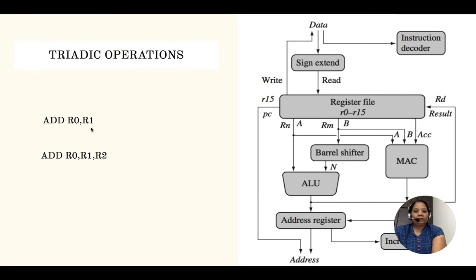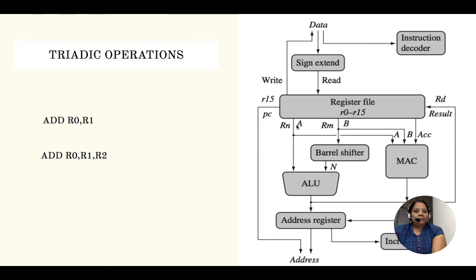This is a normal execution. But in ARM7, we have triadic operations, which means we can make use of 3 registers for performing addition. It doesn't mean that it will add R0 plus R1 plus R2, but it will add the content of R1 register with R2 register and store the result back in R0 register.